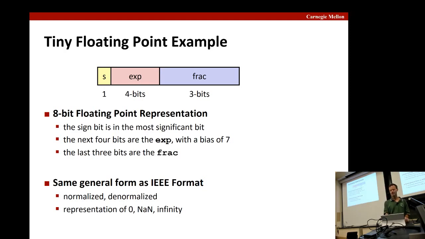Based on the size of that EXP, the bias is 2 to the number of bits minus 1, minus 1, so you end up with 7. But everything else is going to be the same as what we talked about. There's going to be the notion of normalized, denormalized, and 0, not a number, and infinity.